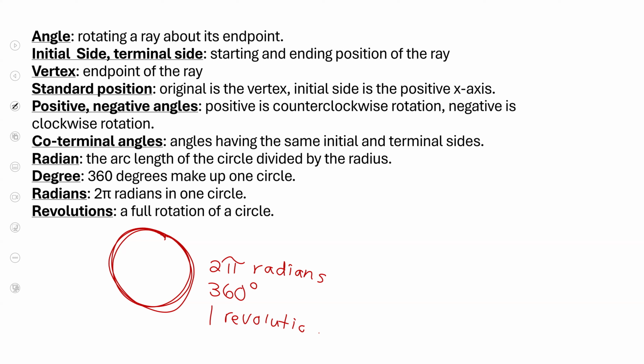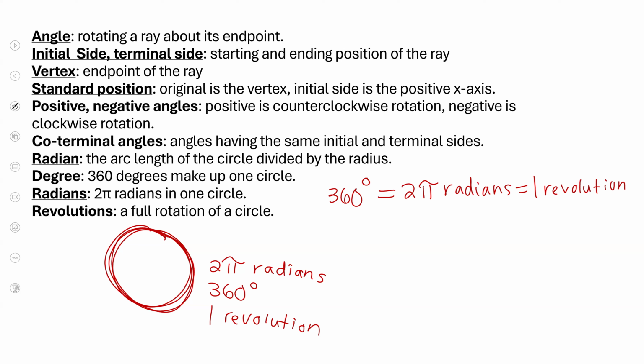So these are the 3 different ways to represent the distance around the circle or the angle of a circle. These are the 3 different measurements that we're going to use, okay? We're going to convert between these 3 different ways. So 360 degrees is the same as 2 pi radians, which is the same thing as 1 revolution. We're going to be converting between these 3 different things.